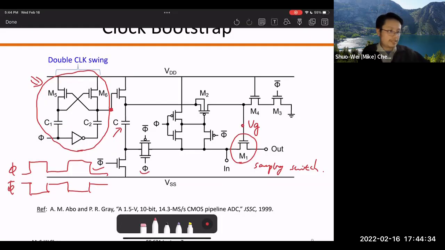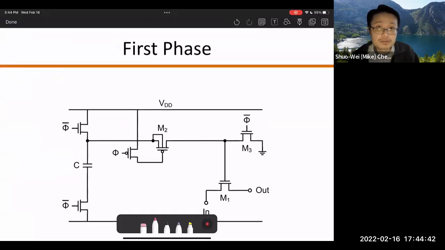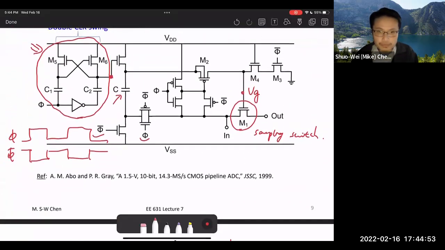Of course, when we analyze this, there are different steps, so don't worry, we're going to do it step by step. First is what we call the first phase, which is when phi equals 0. Basically, when phi equals 0, for example, is this switch turned on or turned off?